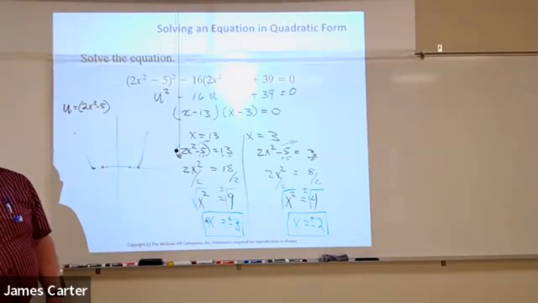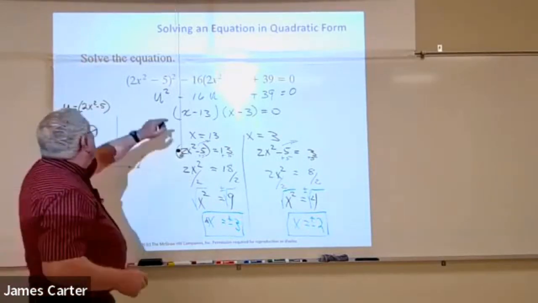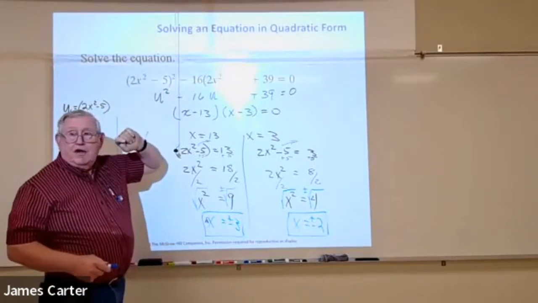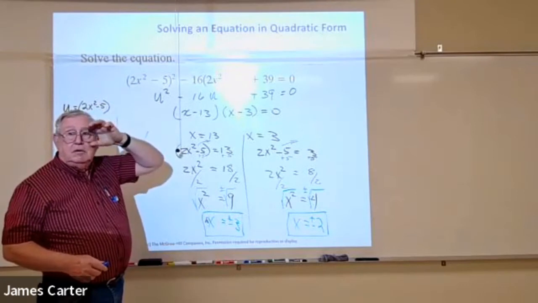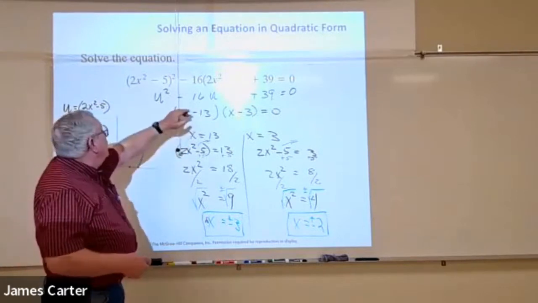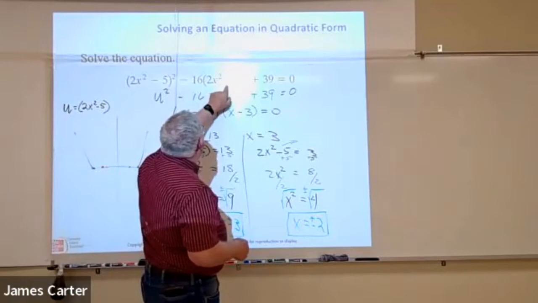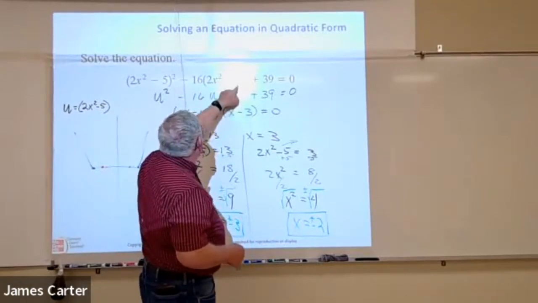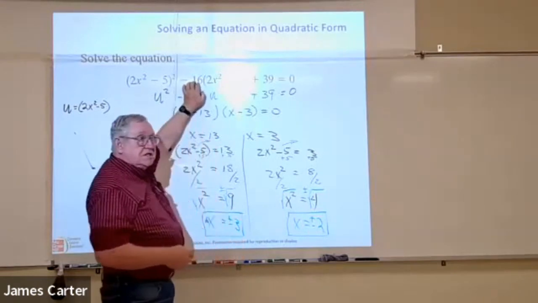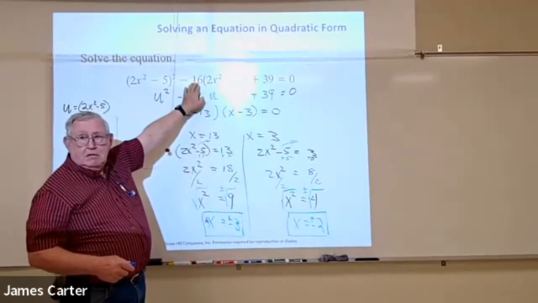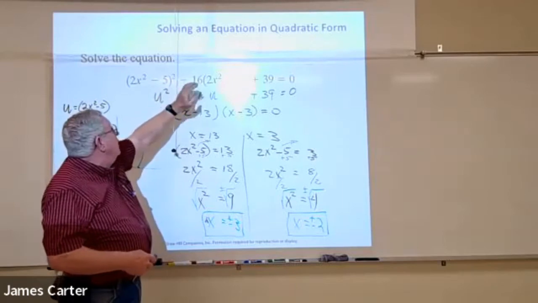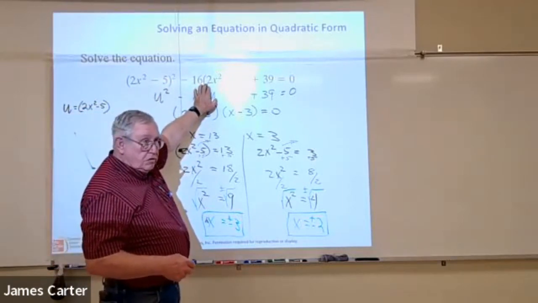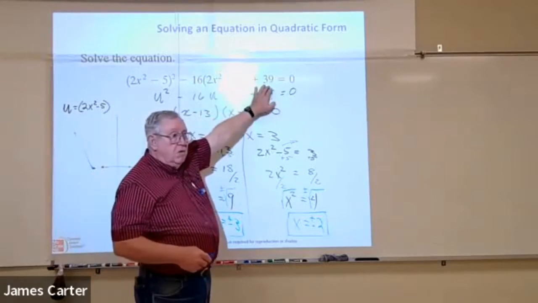You get 25. 5 squared. This is 0 when you're finding the y-intercept. And here, that's 0. So you got negative 5 times negative 16, which is 80. So we got 25 times 80, whatever that is, 2,000 plus 39 more.